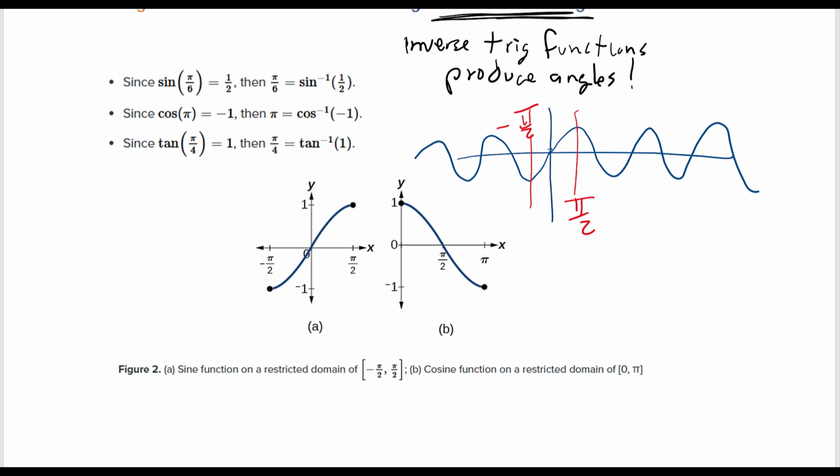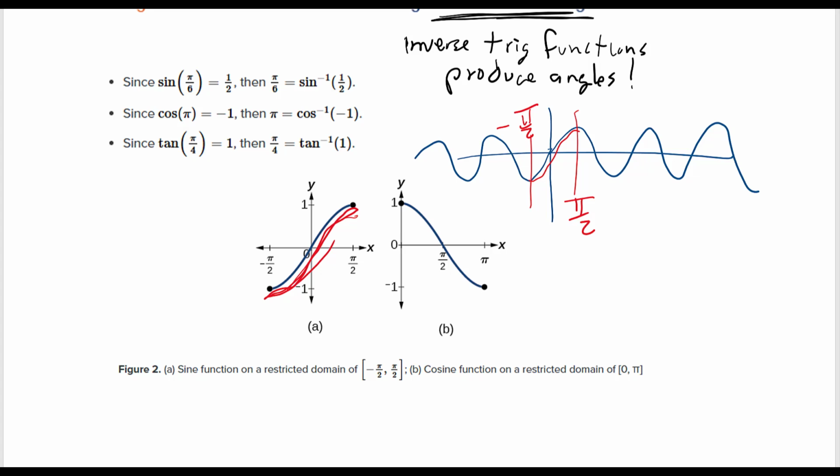Then we pass that horizontal line test. So we limit the domain like we would have done for an x squared function. And notice that that captures all those values in between, as we see here in this graph. It captures all the values that sine will produce from -1 to 1.